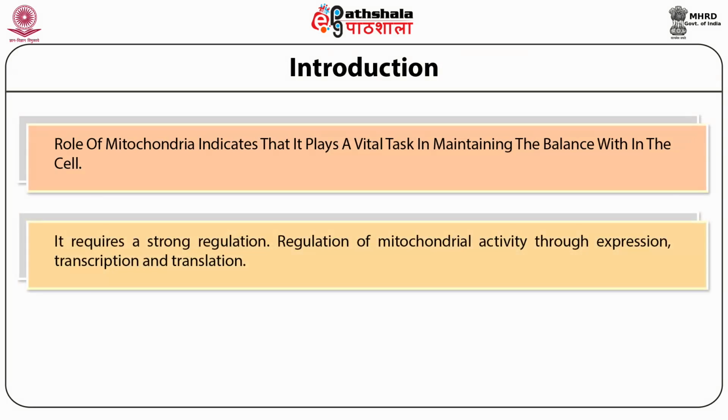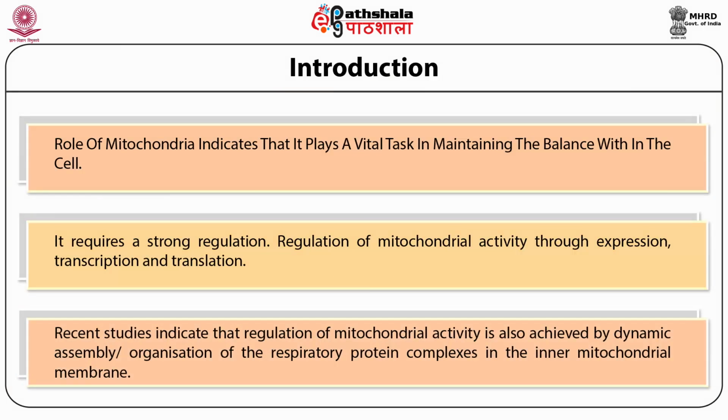It requires a strong regulation of mitochondrial activity through expression, transcription and translation. Recent study indicates that regulation of mitochondria activity is also achieved by dynamic assembly organization of the respiratory protein complex in the inner mitochondrial membrane.